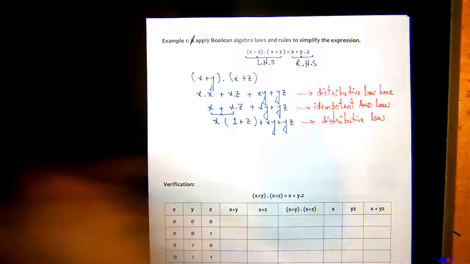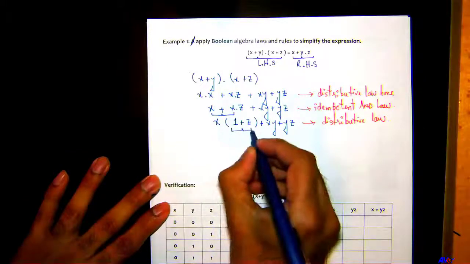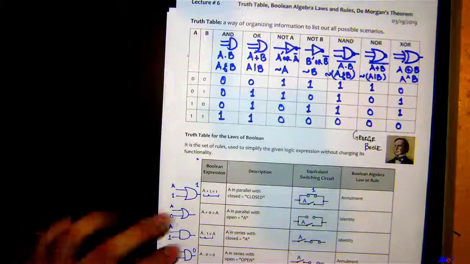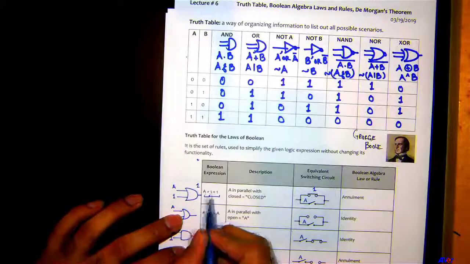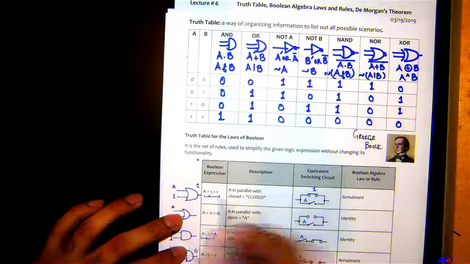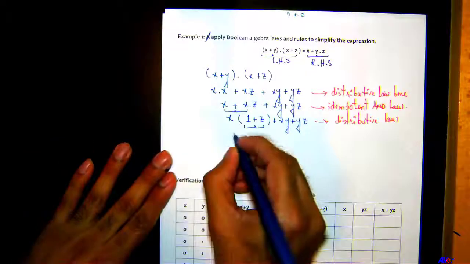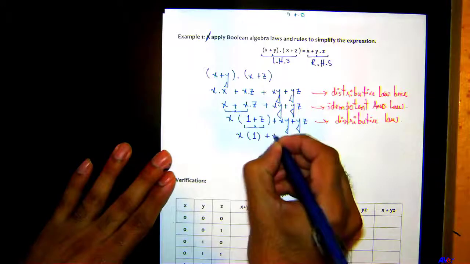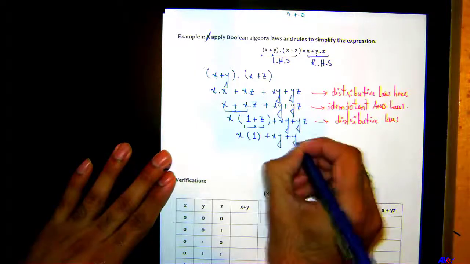What is 1 plus z here, guys? If you look at the Boolean laws and rules, a plus 1 is always going to be equal to 1. We are applying the annulment rule here. So x, and this is going to be 1, plus xy plus yz.